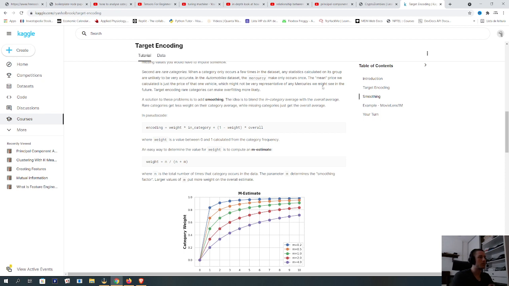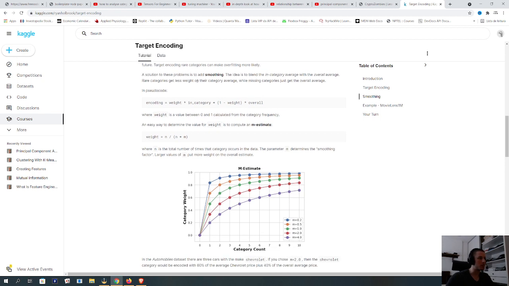The second problem is rare categories. Categories that only occur a few times. The solution to this problem is to add smoothing. The idea is to blend the in-category average with the overall average. Rare categories get less weight on their category average, while missing categories just get the overall average.